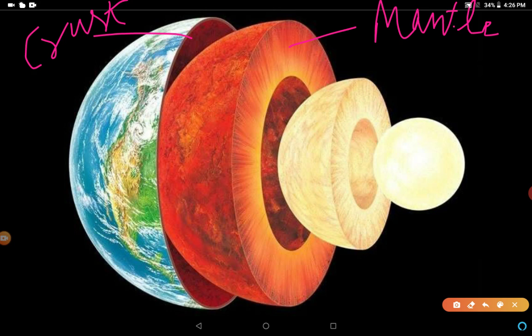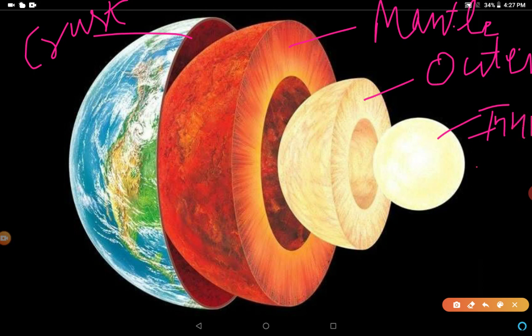And after that, the core. Outer and inner, two layers of the core. So in this way there are three layers in the interior of the earth: core, the innermost, mantle, and crust.